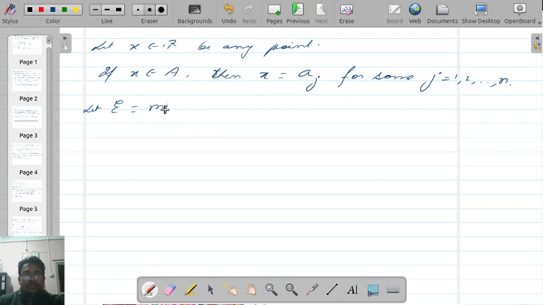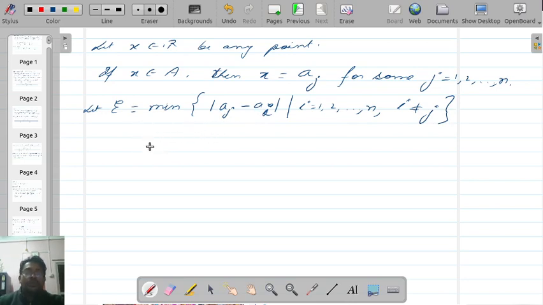We take epsilon equal to the minimum of these distances, mod of a_j minus a_i, such that i goes from 1 to n and i is not equal to j. All these distances are positive distances.